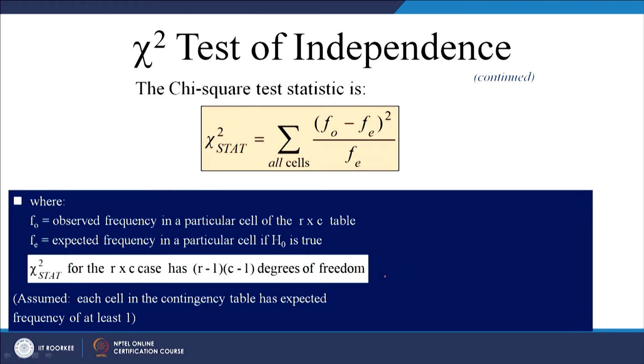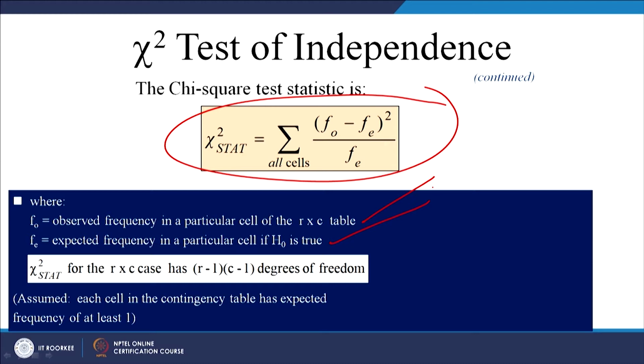So, how to calculate chi-square statistics? Same formula here. So, (FO minus FE) whole square divided by FE. So, FO is observed frequencies, FE is expected frequencies, chi-square statistics value, the critical values to be seen at (r minus 1) into (c minus 1) degrees of freedom, right.